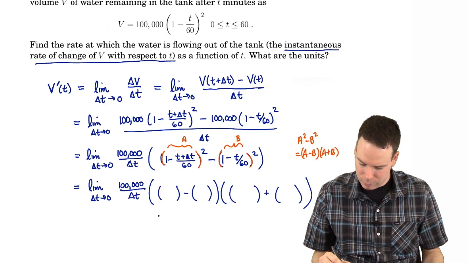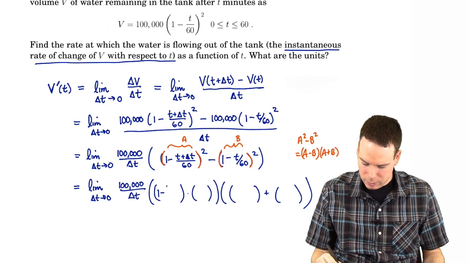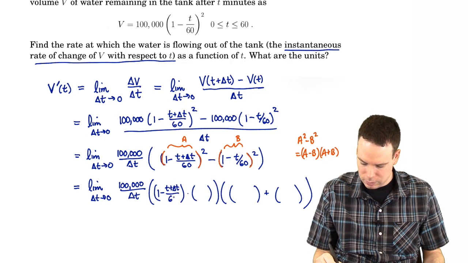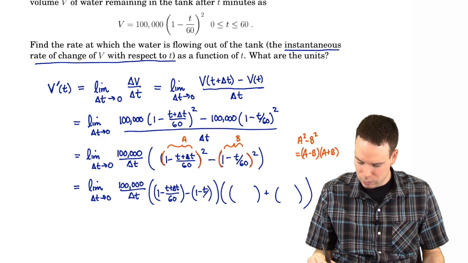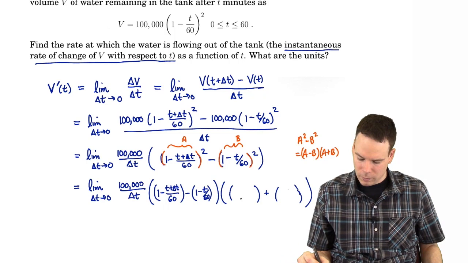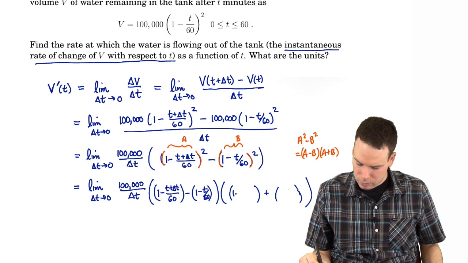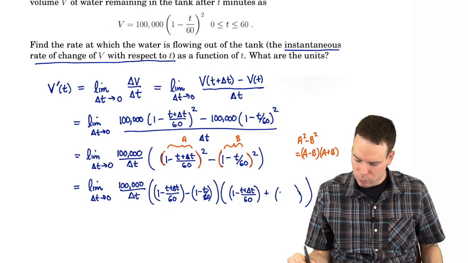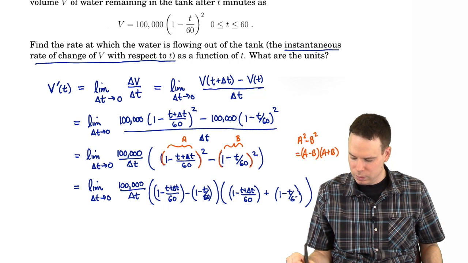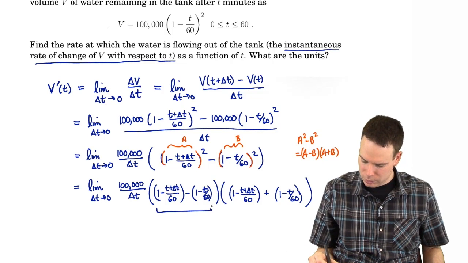And so this becomes then 1 minus (t plus delta t) all over 60 minus 1 minus t over 60. And here it's 1 minus (t plus delta t) all over 60 plus 1 minus t over 60. So let's go see what each of these pieces does.